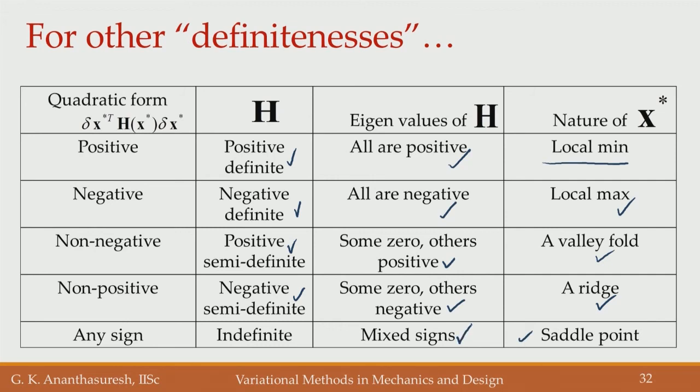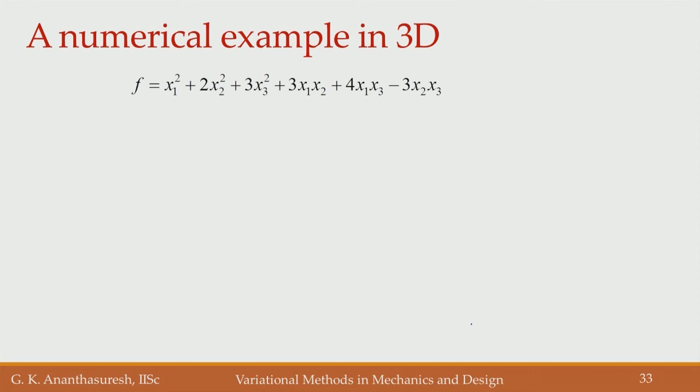Okay. So, if you take a numerical example in 3D now, n-D will be a little too much to solve in a few minutes. So, I took a problem where there are x1, x2, x3. Let us write the gradient for this. The partial derivative of f with respect to x1 will give you 2x1 and then 3x2 and then 4x3.